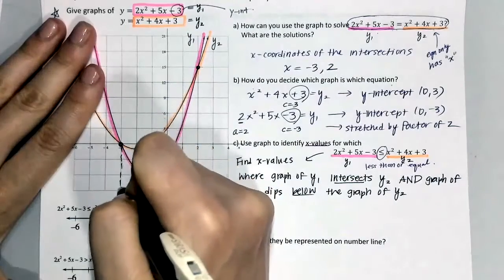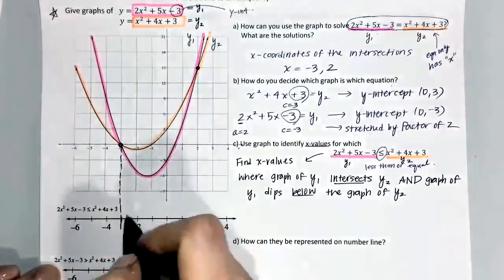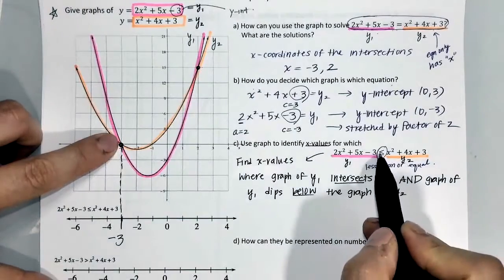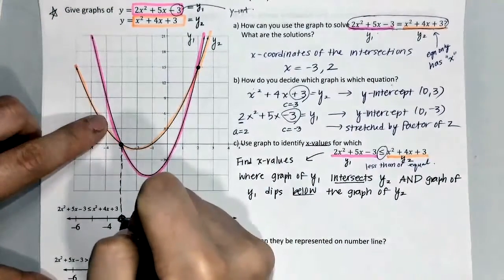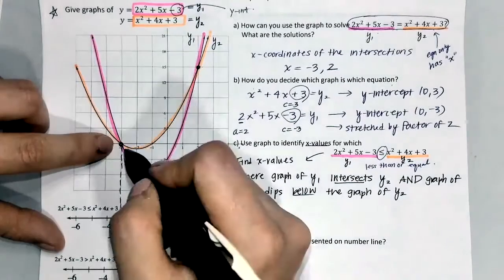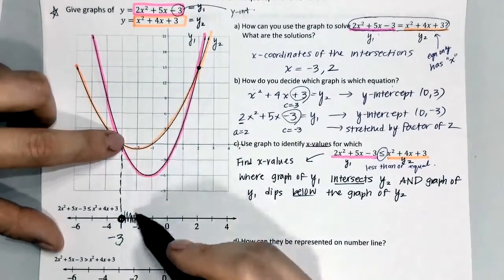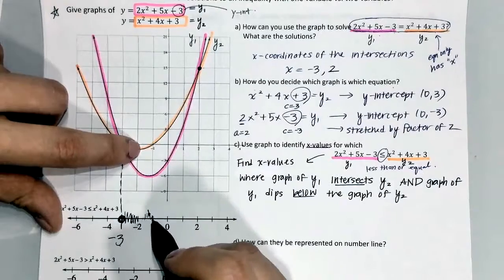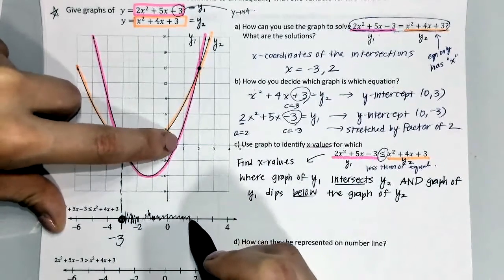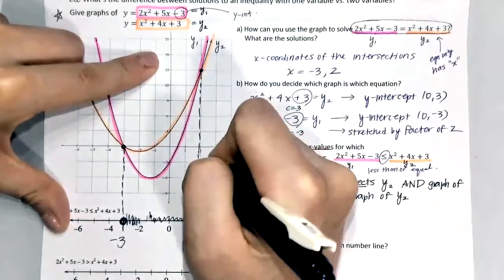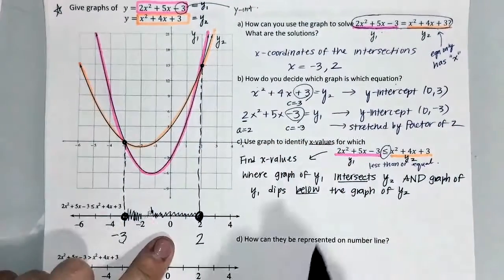The x value where they intersect starts at -3, and that's what we want because of the equal sign. So from -3, -3 included, because that's where they cross, all the way to, because this is where y sub 1 is below y sub 2, the next intersection, which has an x value of +2. So find the x values.